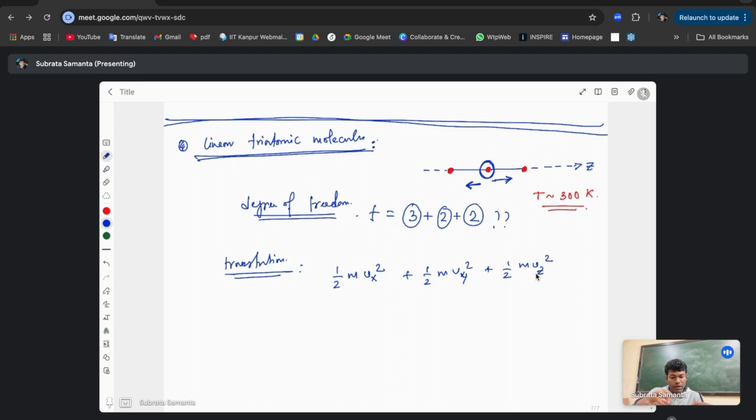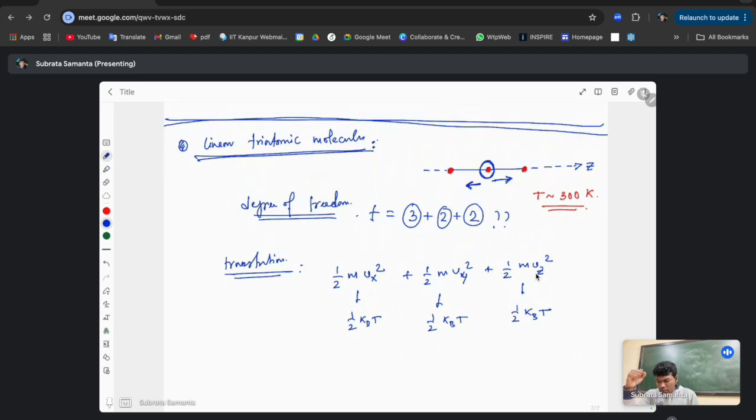Okay, and I want to calculate the degree of freedom of the molecule. So that gives you 3/2. Each gives you half kBT. This gives you half kBT, this gives half kBT, and this also gives half kBT, right? Because all are vx square, vy square, and vz square.